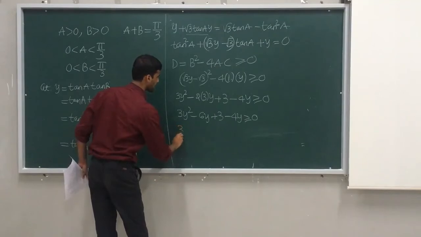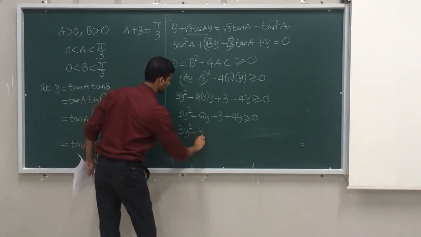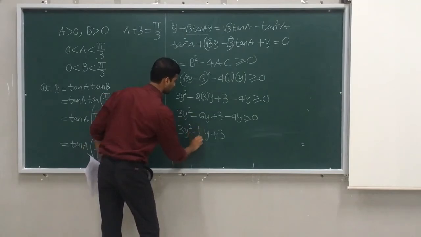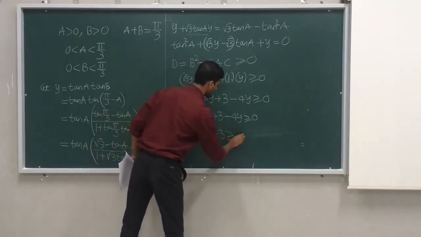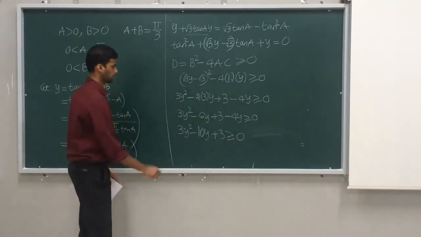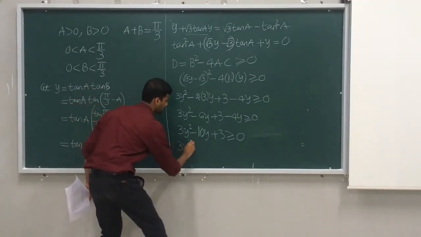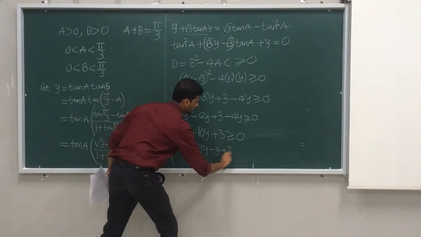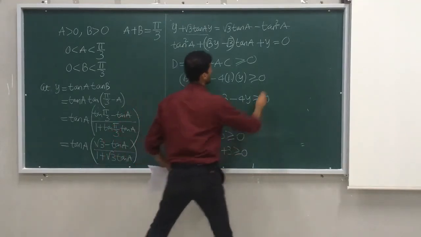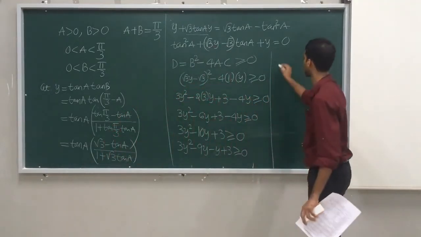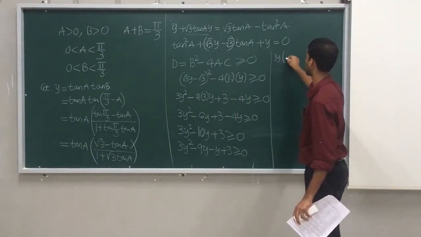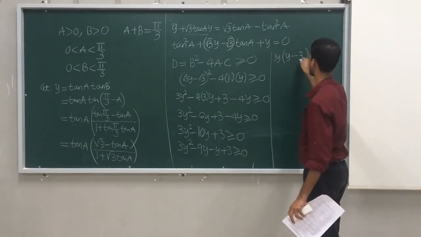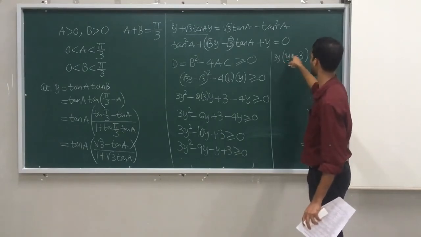Then this becomes 3y square minus 10y plus 3 greater than or equal to 0. So write it as 3y square minus 9y minus y plus 3 greater than or equal to 0. Yes, if you take 3y common, you are left with y minus 3.